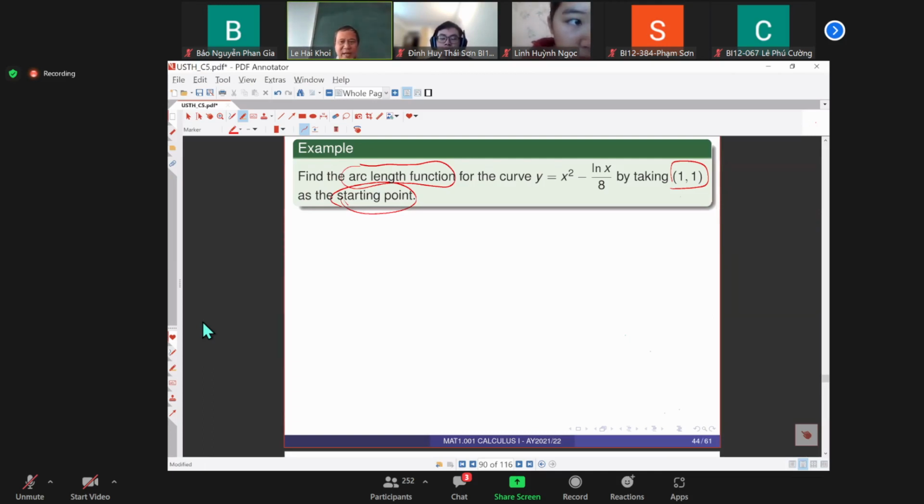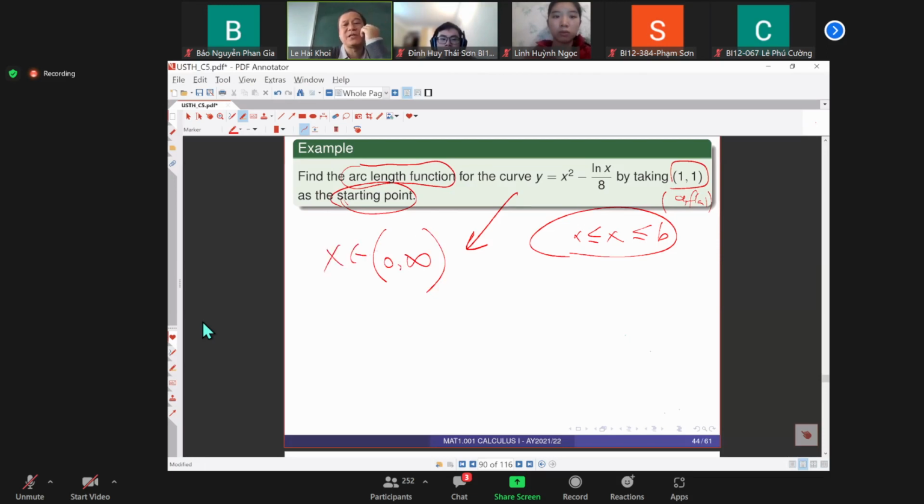So this is A, f(A). X is in between A and B, depending on what B you are given. But by that question, of course, you understand that the domain of definition is (0, infinity), because you have a logarithmic function.